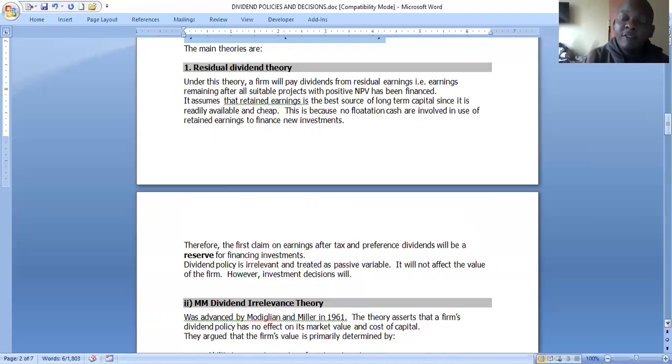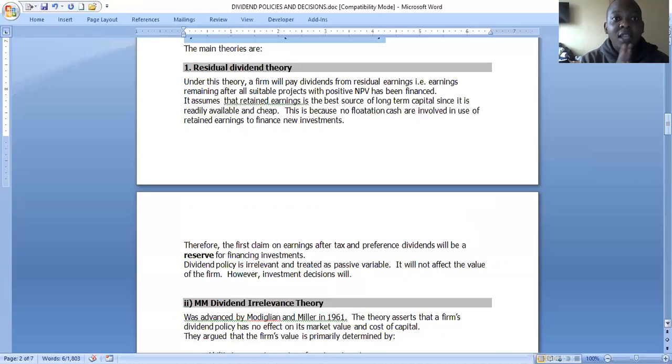And then after having satisfied these investments by financing them through the retained earnings or through profits, what remains is a residue. It can be shared to the shareholders through dividends.